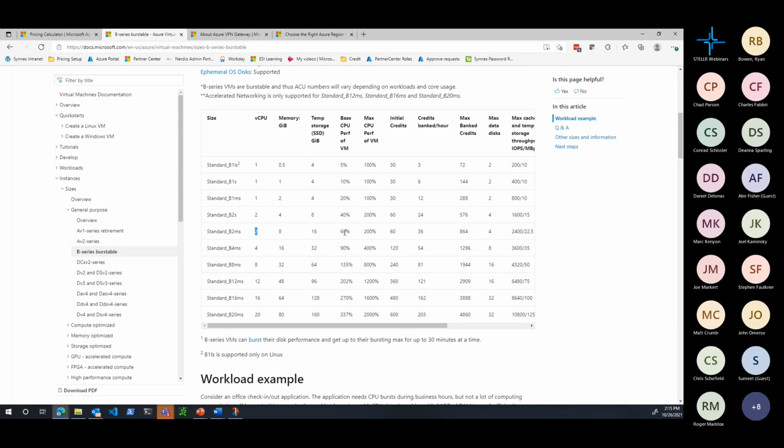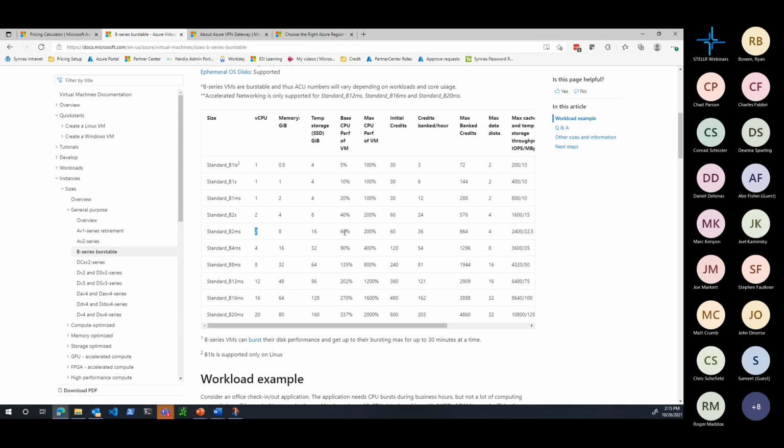So if your overall CPU usage of a machine goes to 65%, you need to have time in that bank to be able to go above that 65%. Otherwise, you will sit at that 60%. You will be throttled at 60%. Now, some workloads work fine if nobody knows there's throttling going on.